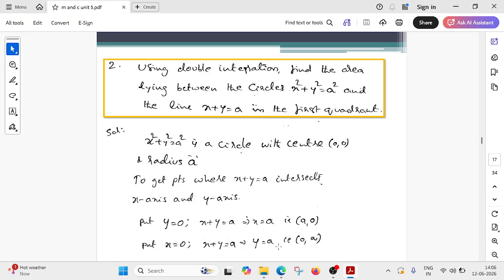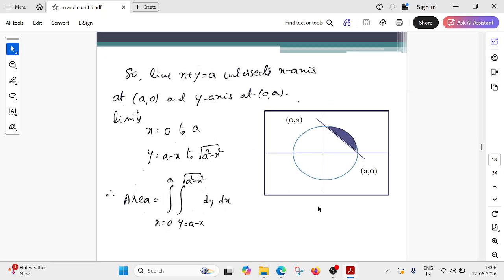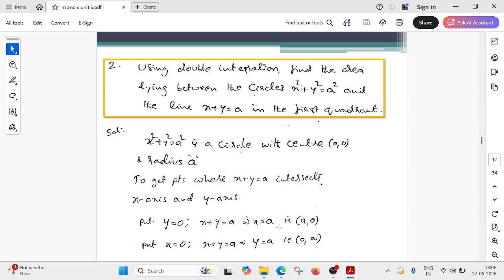And the second problem: using double integration, find the area lying between the circle x square plus y square equals a square and the line x plus y equals a in the first quadrant. In a similar way, first you have to take x plus y equals a, because the equations are given for the first quadrant. Using that, you need to find the limits, because they have given the first quadrant. So put that in the equation and you need to get the limits.